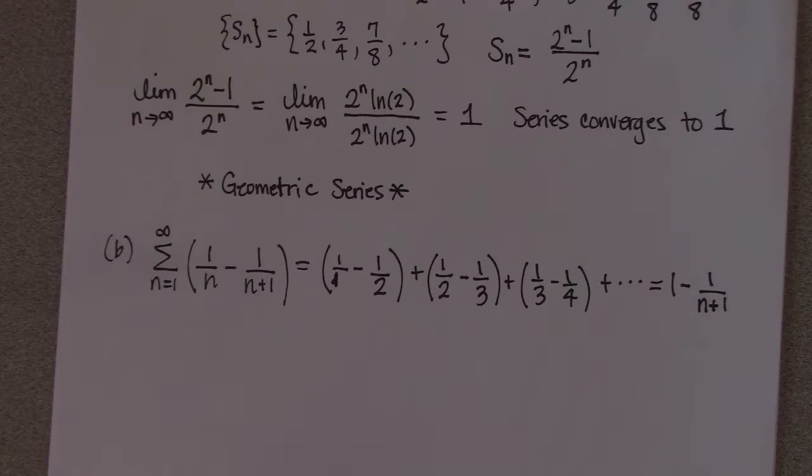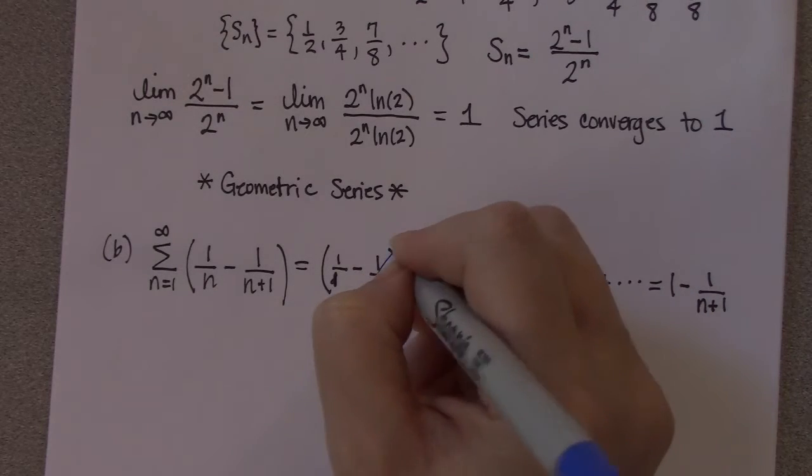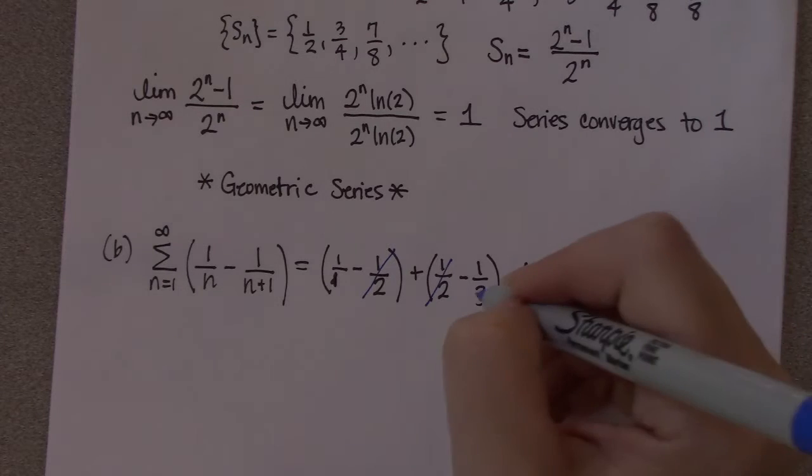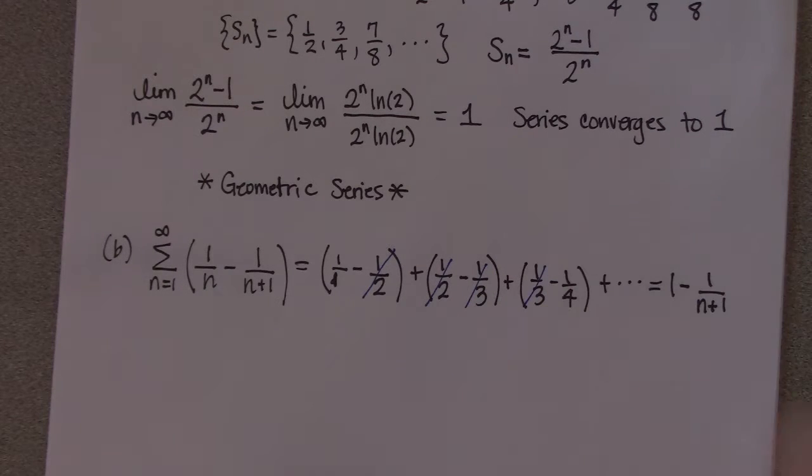So if you look at these terms, you should definitely see a pattern emerging. We've got 1 minus 1/2, and then the very next term has a positive 1/2. And remember, at the end of the day, we're just adding all these up. So this negative 1/2 is going to cancel that positive 1/2. And then the negative 1/3 we created here will get immediately wiped out by the positive 1/3 in the next term.